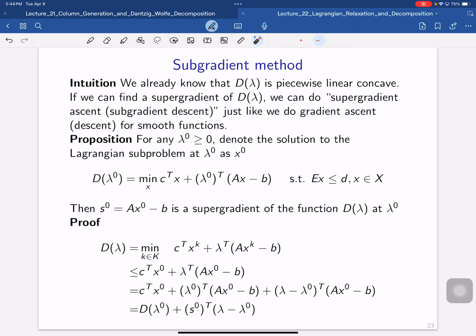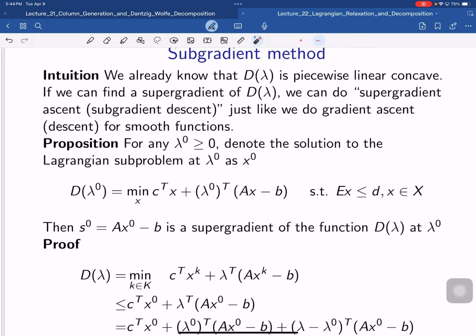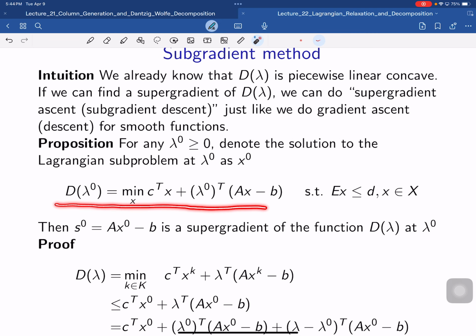Yeah, so essentially for each of these points, lambda greater than or equal to 0, we need to find a supergradient for d(lambda) at lambda 0, right? So recall that this is a problem you are going to solve at a given point, lambda 0, basically an MILP problem.